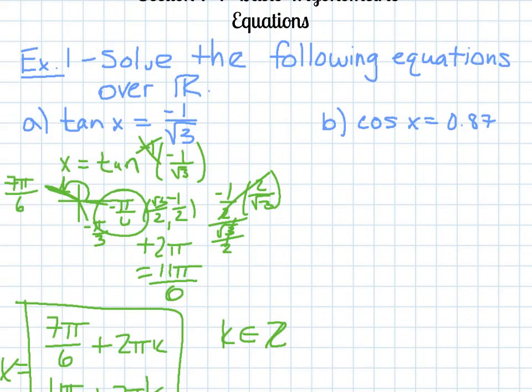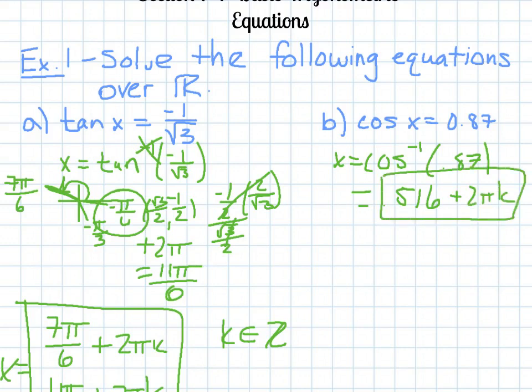So doing the inverse cosine of 0.87 gives me 0.516, let's say. If I'm looking at all the solutions, remember this is also plus 2 pi k. So that's one solution.